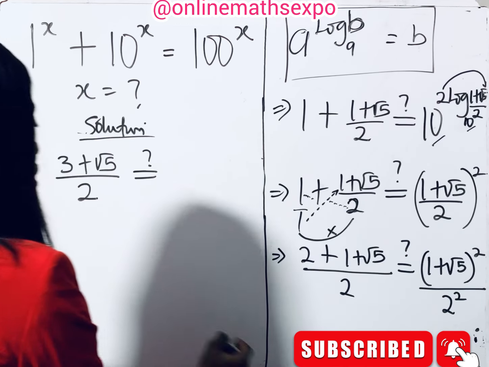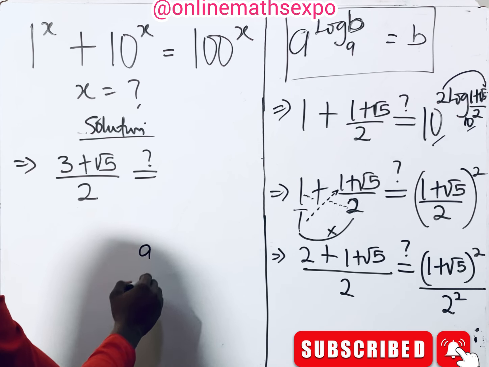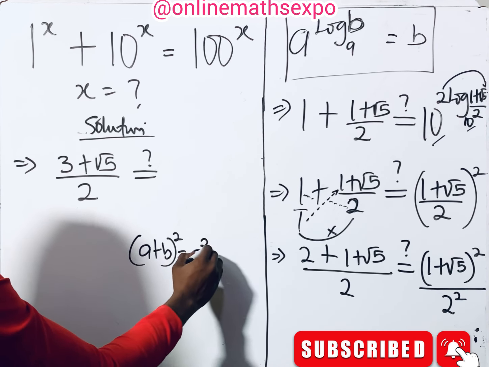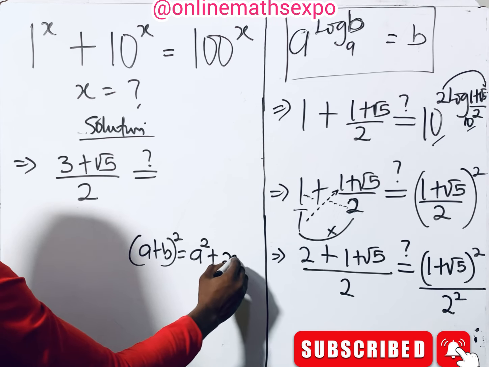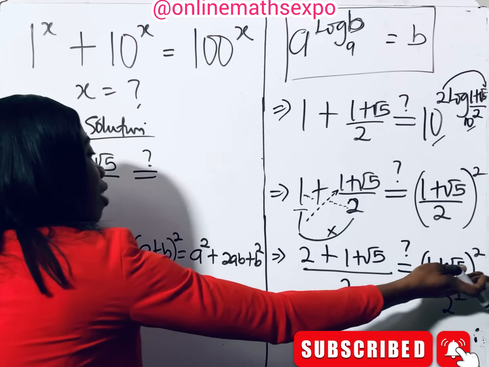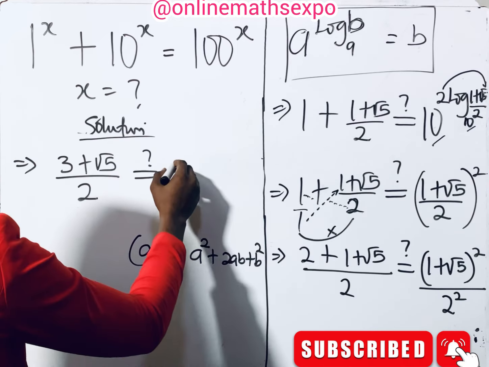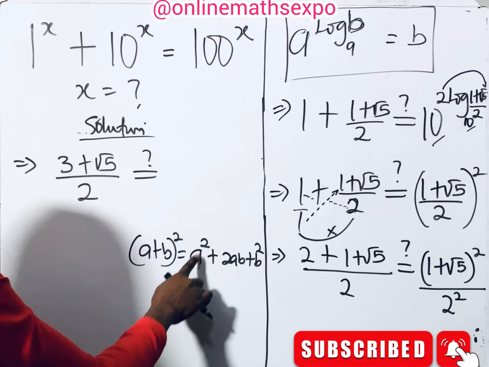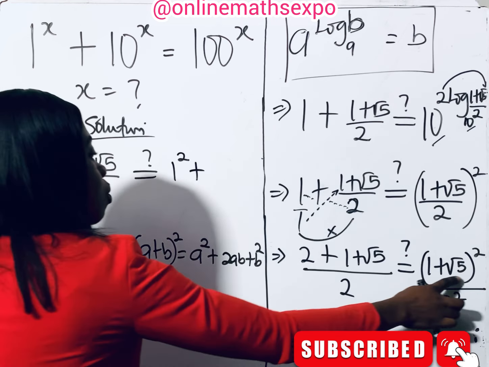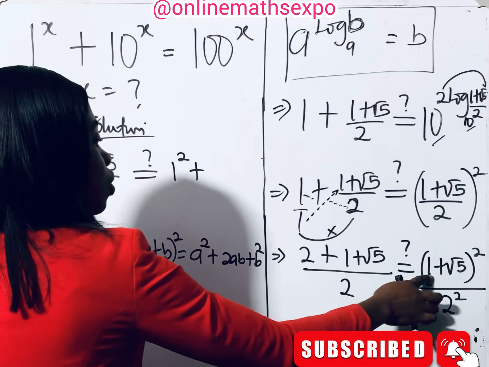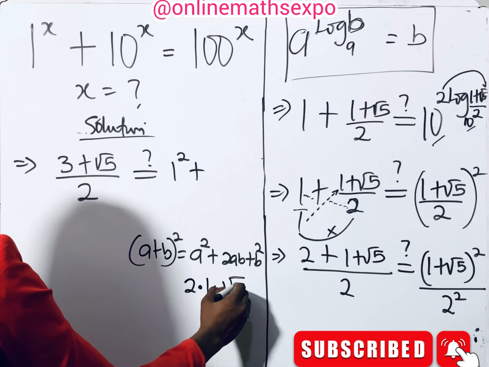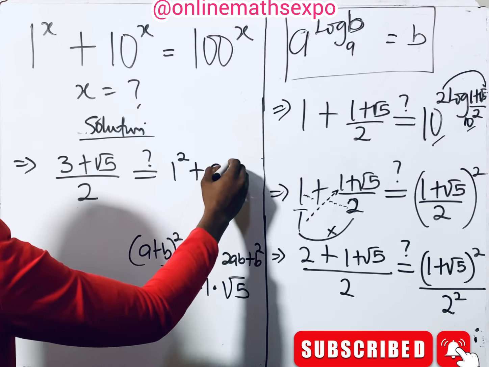For the right side, remember that if you have a plus b raised to the power of 2, it is a squared plus 2ab plus b squared. So we're going to have to expand the numerator. We have 1 raised to the power of 2, so we have 1 squared plus, use 2 to multiply this: 2 multiplies 1 multiplies root 5, and it will give you 2 root 5.